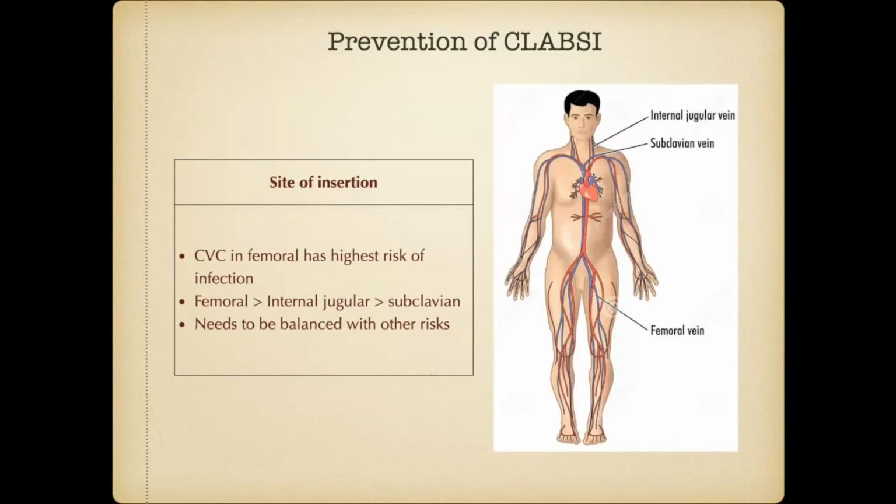Okay, so when we want to decide which site of central line we should insert, of course, it varies among patients. We have to take into consideration a few factors. For example, if we talk about prevention of infection, of course, femoral is not the best site.